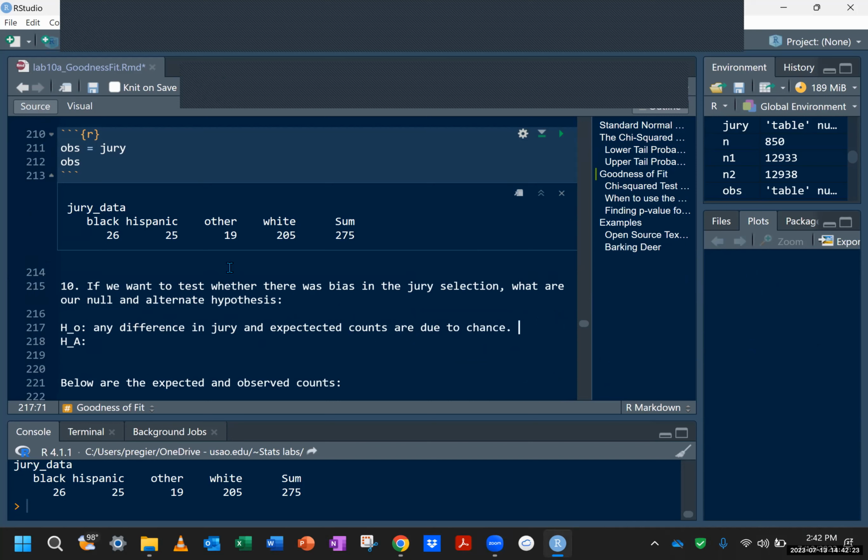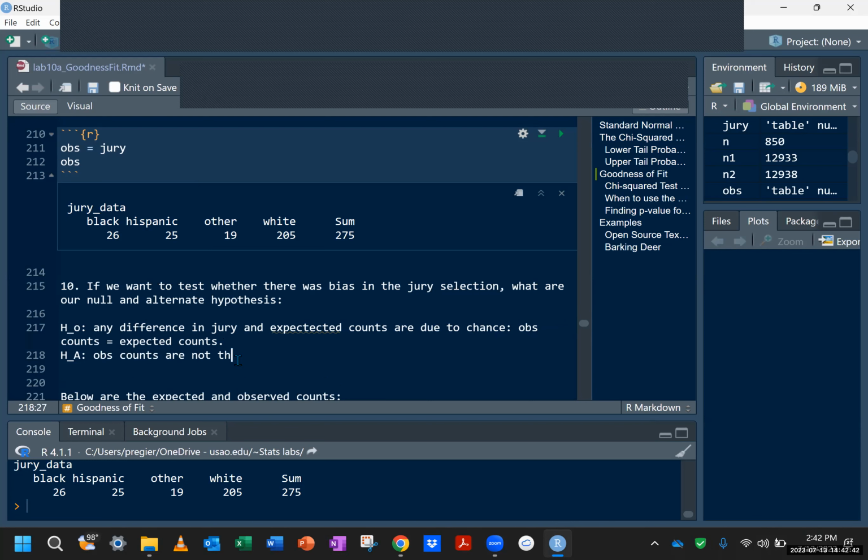So in other words, we would say the observed counts equal the expected counts. Really, they're the same. And then the alternative would say, nope, the observed counts are not the same as the expected counts.